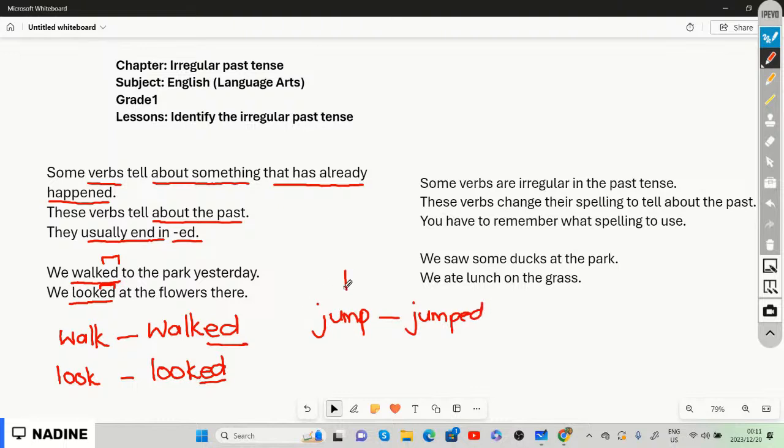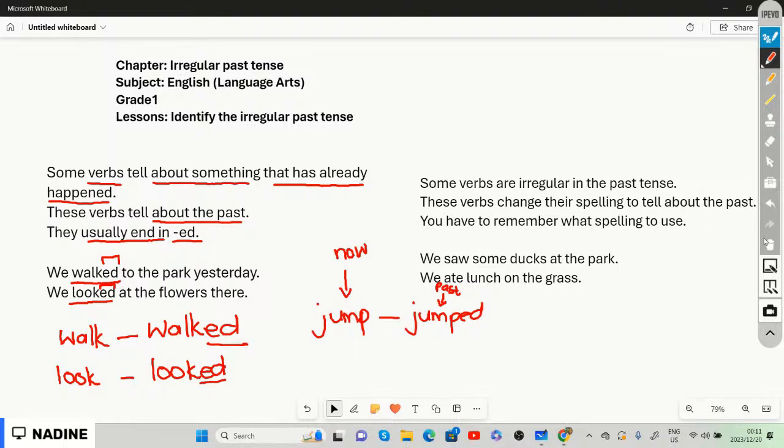So this is in the present, and this is in the past. And these are basically examples of our past tense verbs.